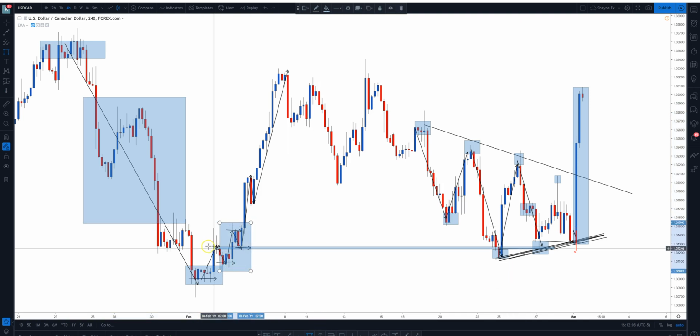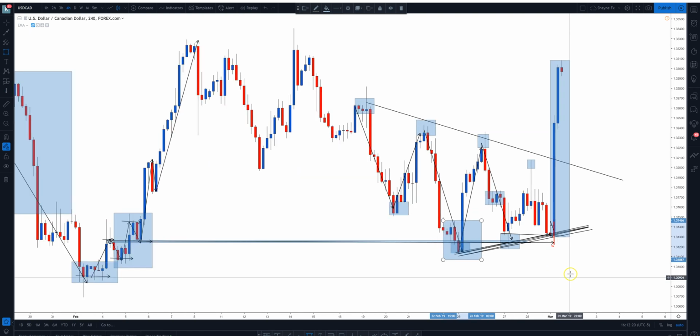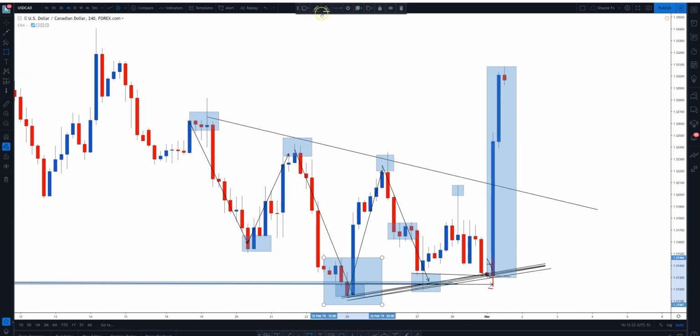But that doesn't mean that when you're in a minor structure, nothing can be used as support. You just have to wait until it reacts. And when price reacts like this, it can give you a go-to to zoom in into another picture.